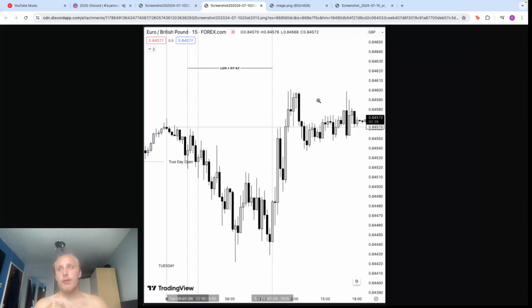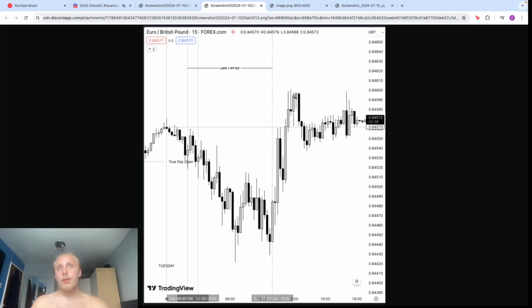Now, why'd we do that? What do you think the purpose of doing Euro against the British pound is? It's to show, logically speaking, the strength of the Euro against the pound.